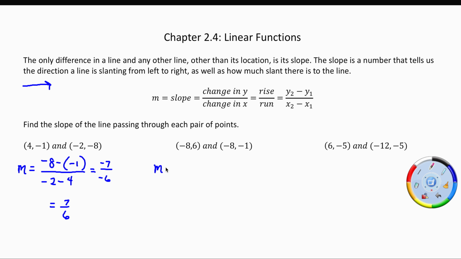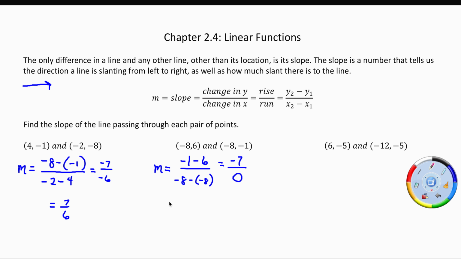Okay, same thing again. Y sub 2 minus y sub 1 over x sub 2 minus x sub 1. So negative 1 minus 6 is negative 7. Negative 8 plus 8 is 0. Never ever leave a 0 in the denominator anywhere, remember? So we call these what?